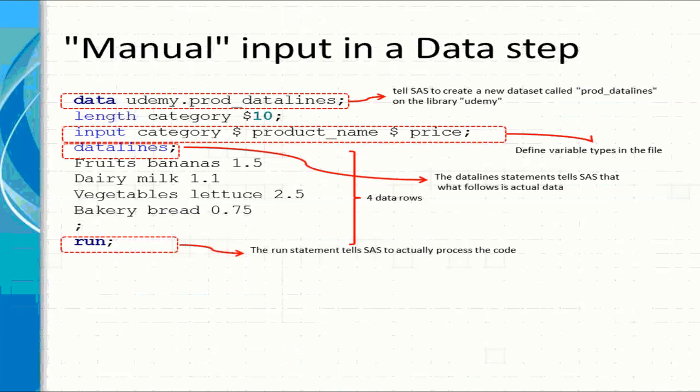If I need to allocate more than 8 bytes, I then need to specify via an input statement the variables. With the datalines, I specify that I'm going to be entering the data rows manually, and then with the run statement I just close off the data step. So this data step will be creating this udemy.prod_datalines dataset.